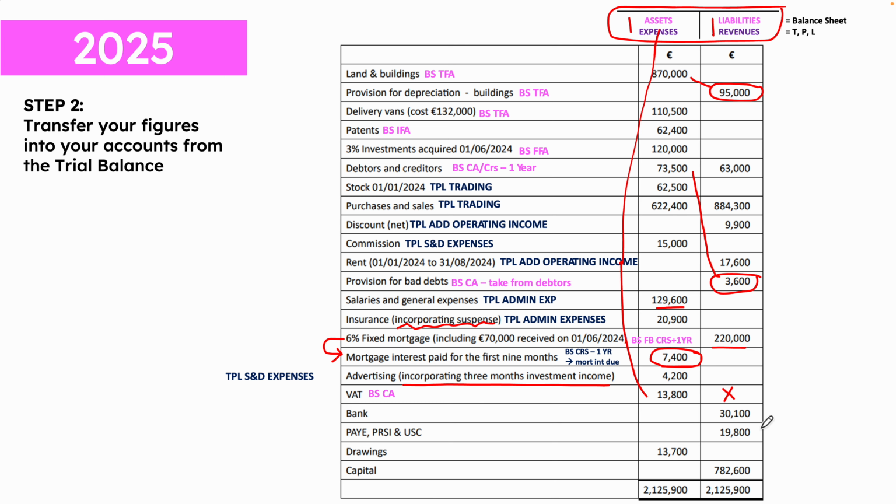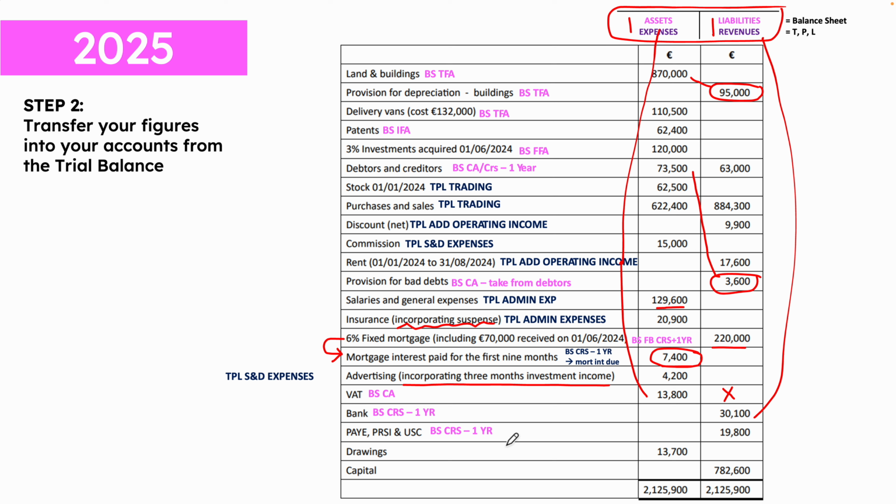Next we have bank, and bank is on the liability side. So that means that they have a bank overdraft. So that will go under the creditors minus 1 year heading, as will PAYE, PRSI and USC.